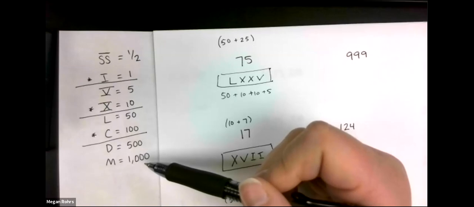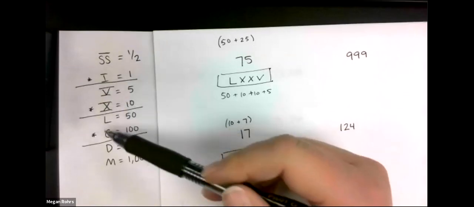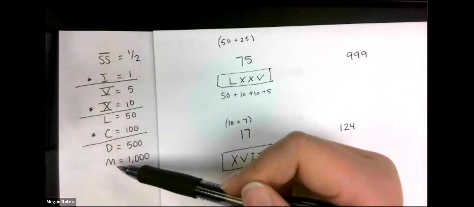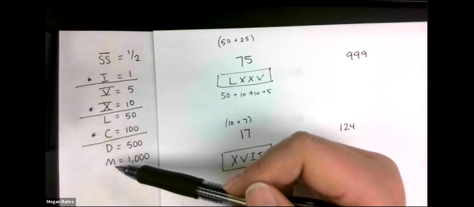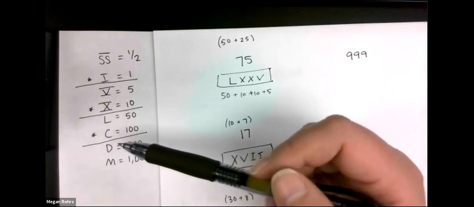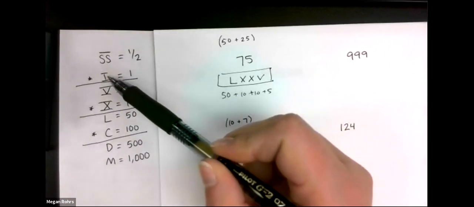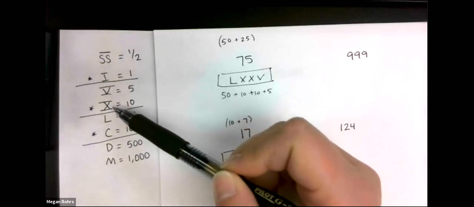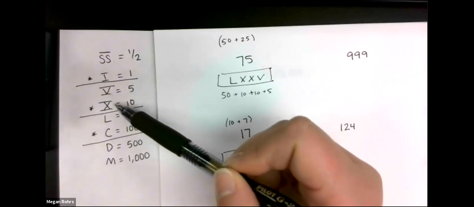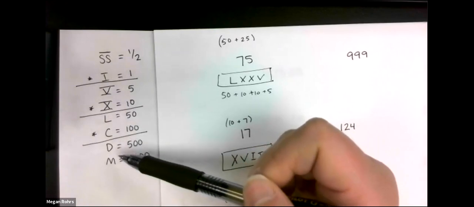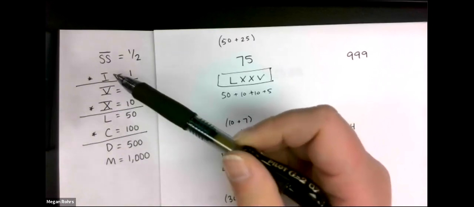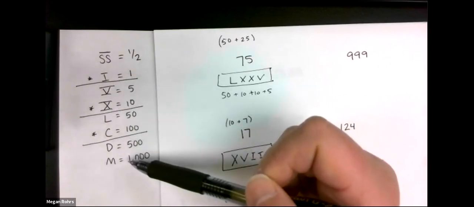So you may think, well, we could just put an I in front of an M. However, that is breaking rule number 8. Because remember, it says you can only put an I before V and X. You can only put an X before L and C. And you can only put a C before D and M. So I cannot put I before M.